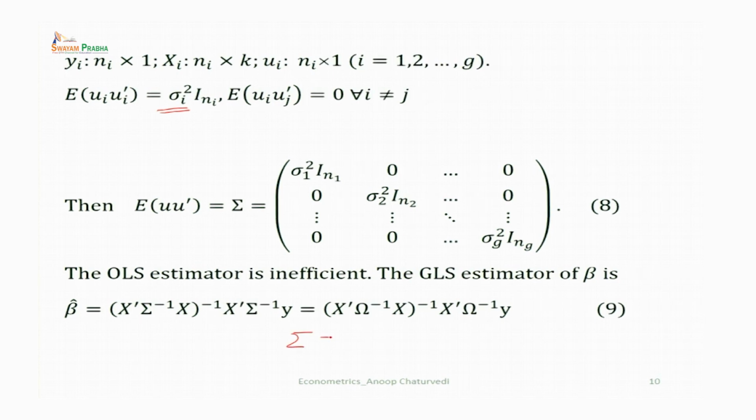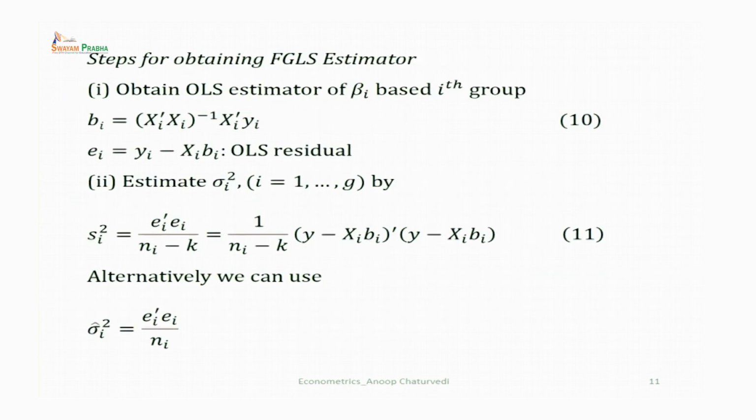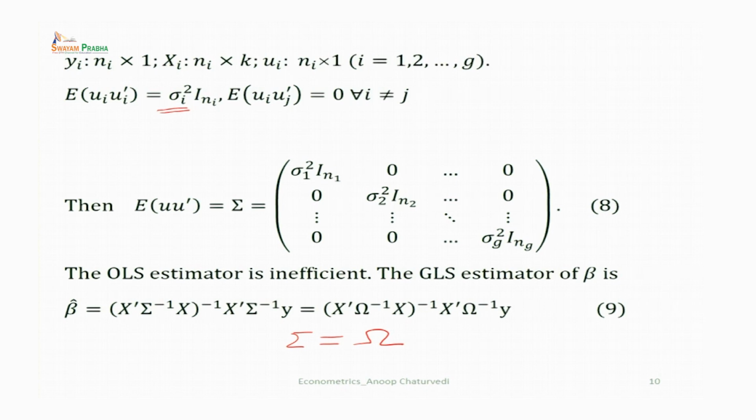Actually, we have replaced the sigma by omega here. Still this estimator is not feasible in the sense that this omega involves the parameters sigma 1 square, sigma 2 square, and so on up to sigma g square, which are unknown.